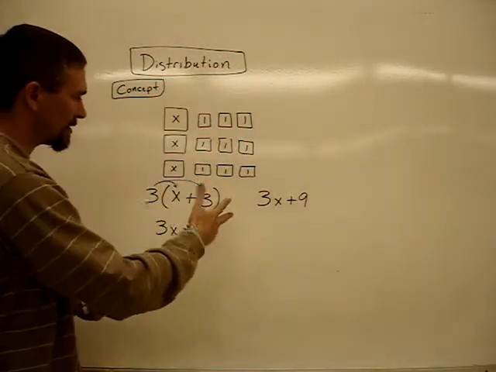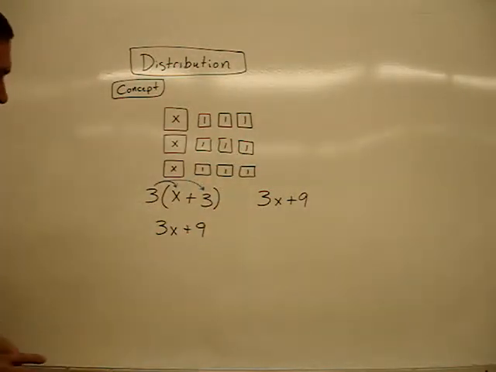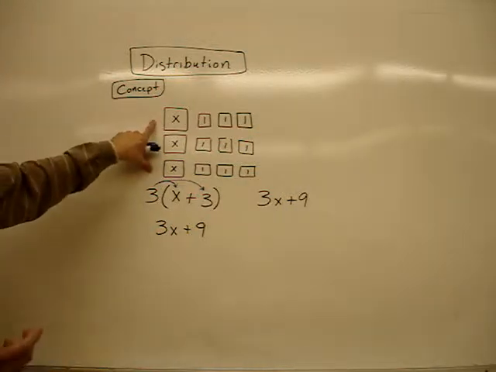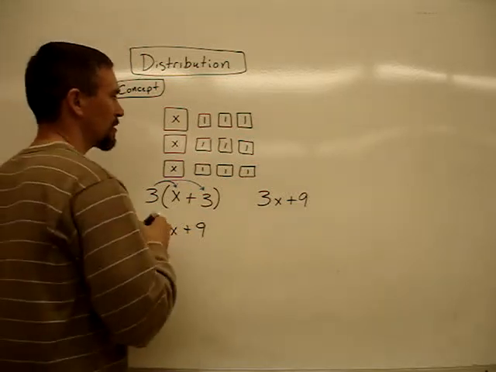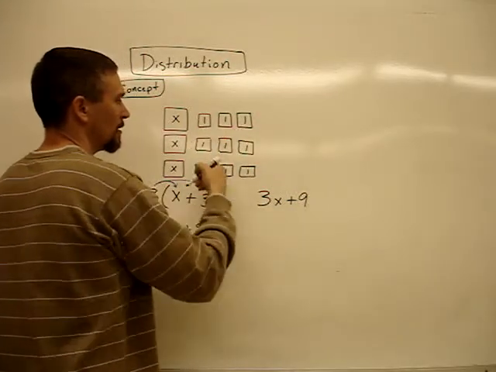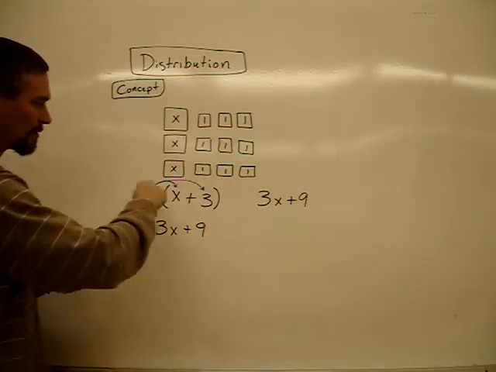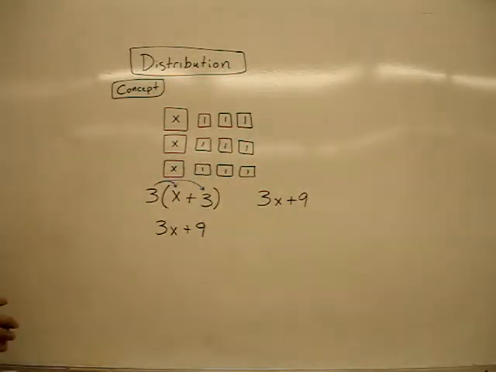And this is just one example of how to visualize in a more concrete way a real-world problem where you have some known values mixed with some unknown values. And that's showing you the concept of distribution using a money example.